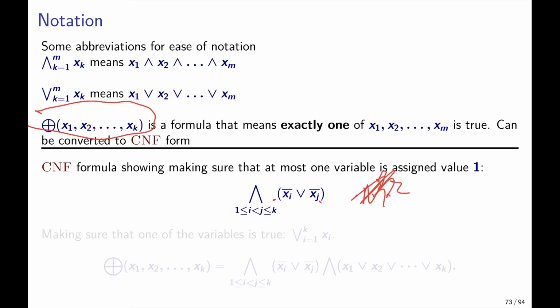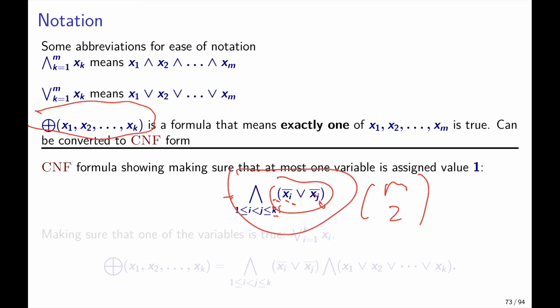So we're going to go over all m choose 2 pairs. And for every pair, we're going to take the OR of the negations of the 2 variables and take the AND of this, right? Now, if you have 2 variables that are 1, then there would be a choice of 2 variables such that this clause would evaluate to false, and then this formula would evaluate to false. So this formula is true if and only if at most one variable is 1.